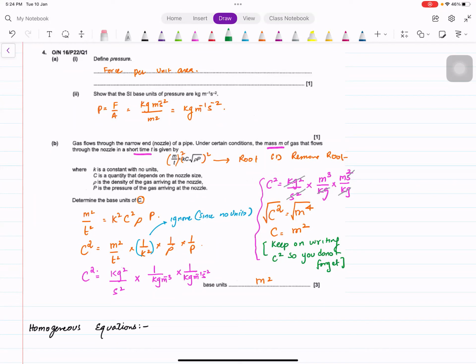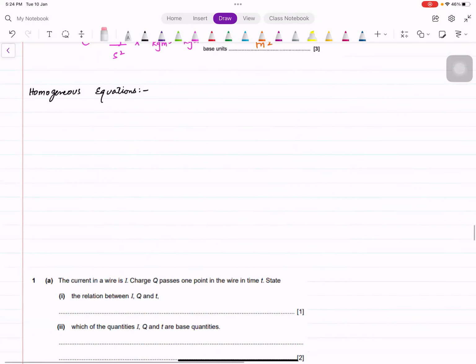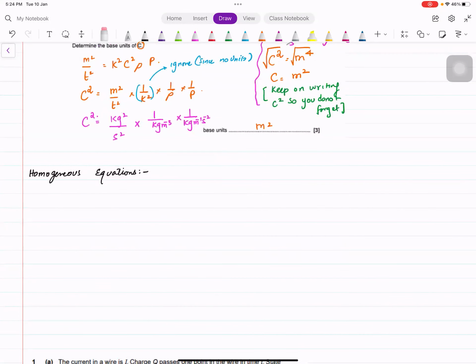Now, the next thing we're going to do is homogeneous equations. All right. So let me just explain what a homogeneous equation really means, and then we're going to continue to do this. Homogeneous equations mean that the left-hand side of an equation should be equal to the right-hand side.